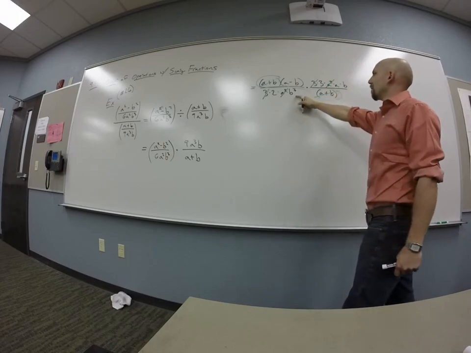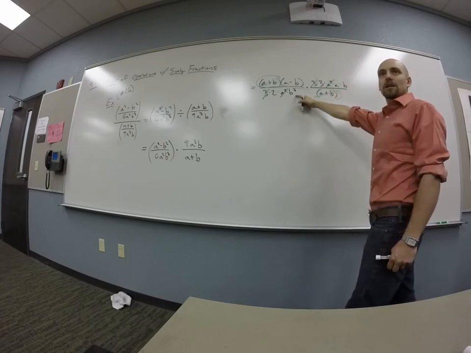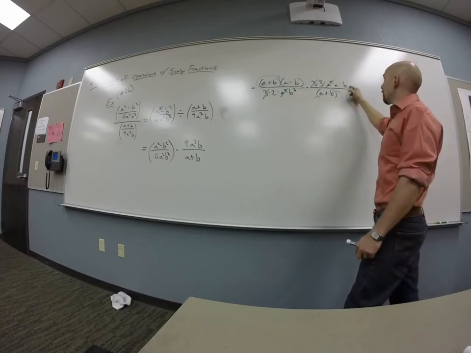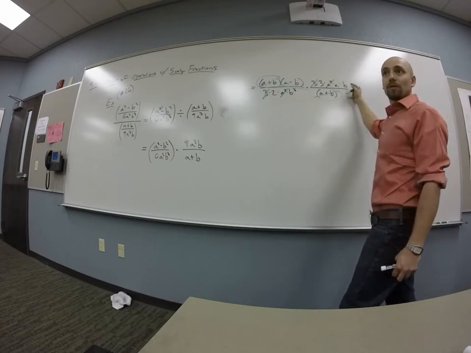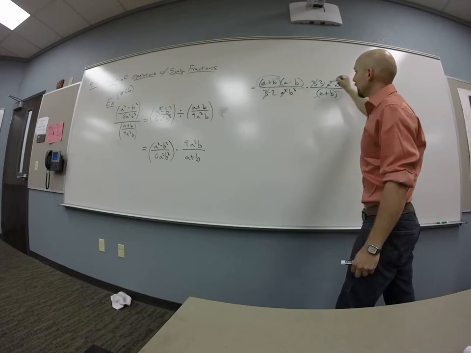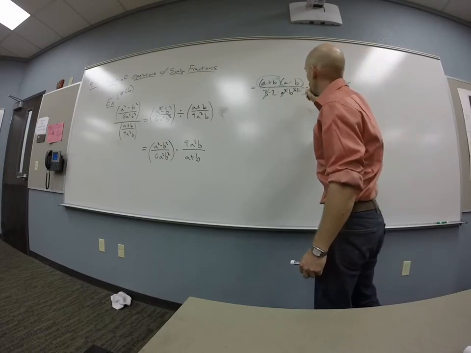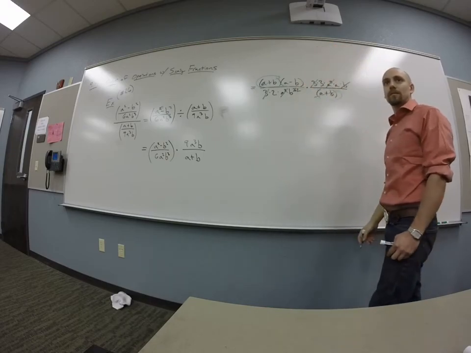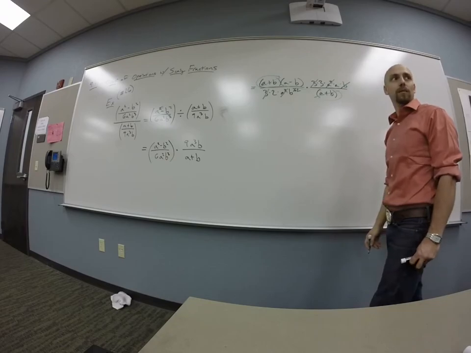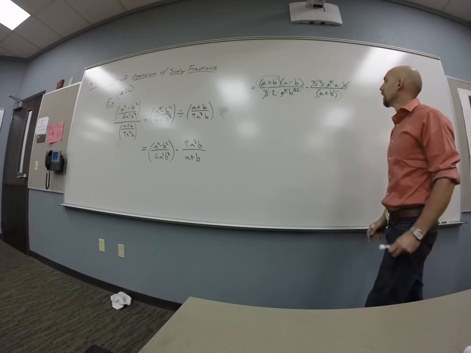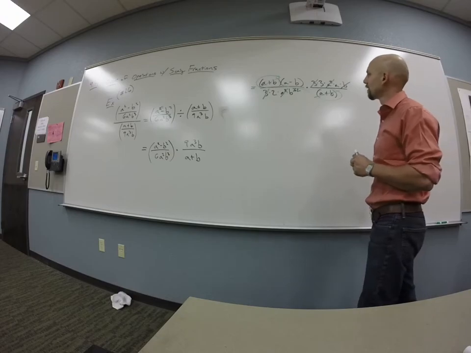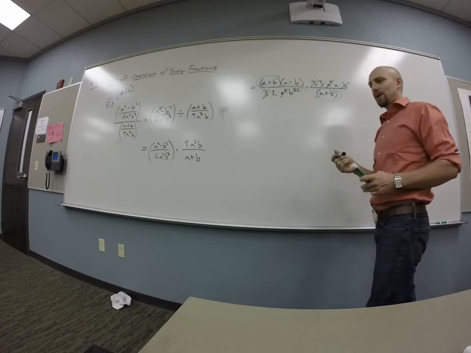Oh, I kind of blew it with this one, right? There's 3 b's here and 1 b there. So what am I left with? I cancel this, and I'm left with a square there. You guys cool with that? Okay, so have I got everything? Maybe.